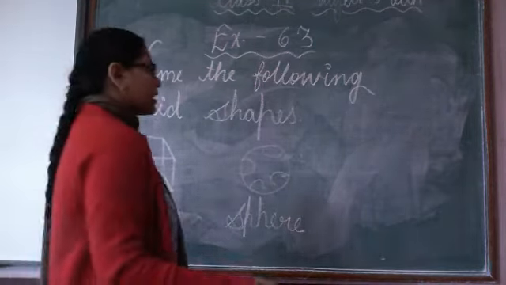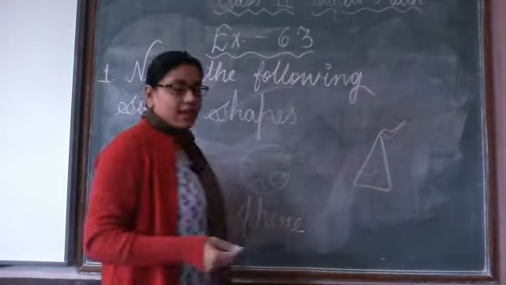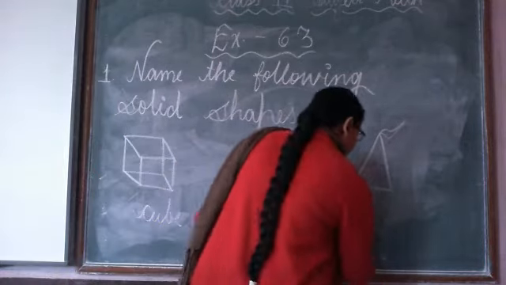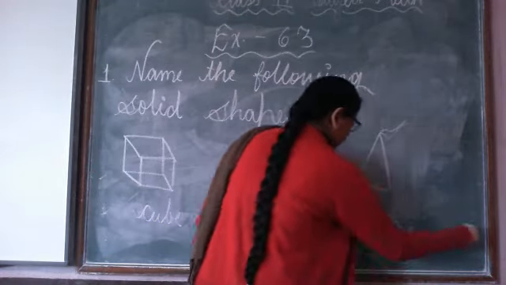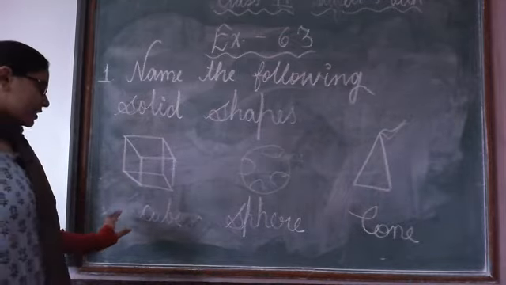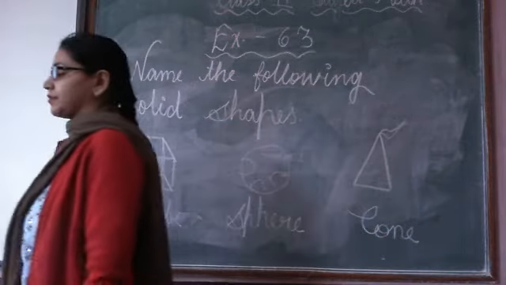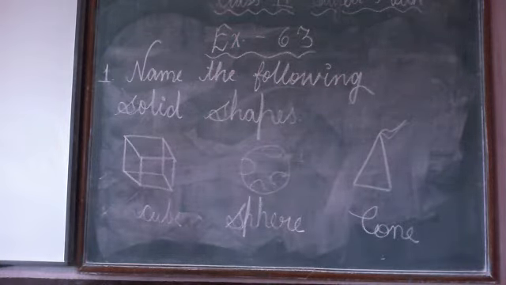Now the next one is the birthday cap. We know that the birthday cap is in cone shape. So this is a cone. So all of you write down this much. You need to write the whole sentence like this is a cube, this is a sphere and this is a cone, like given in your book. Okay students? First of all, write down the question and then write the answers.